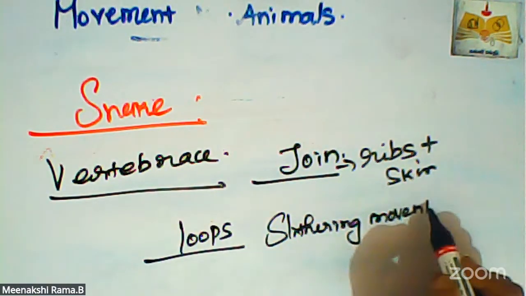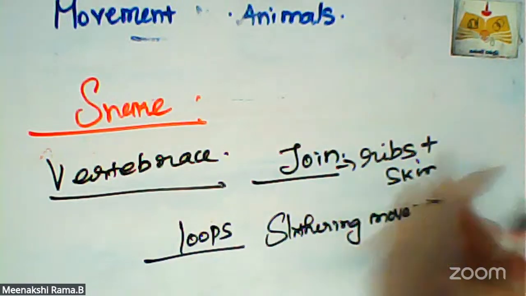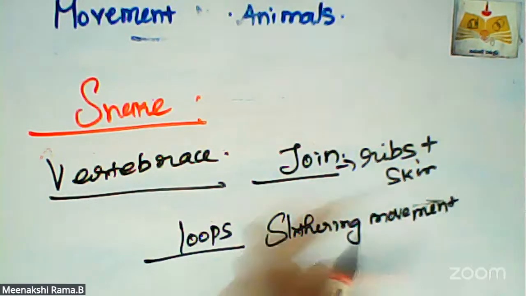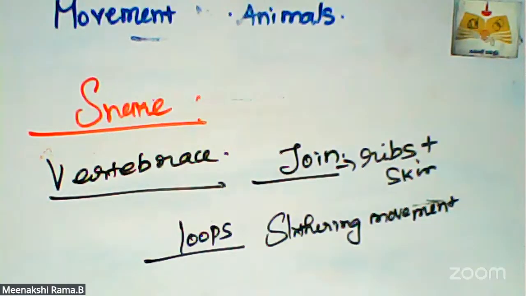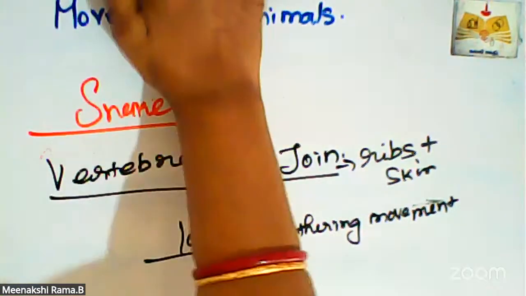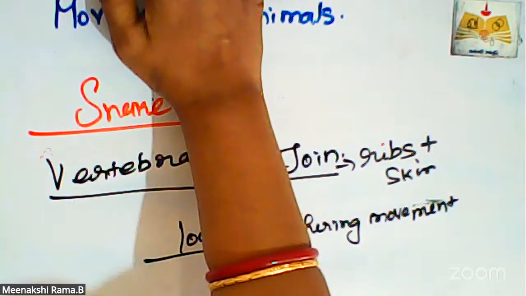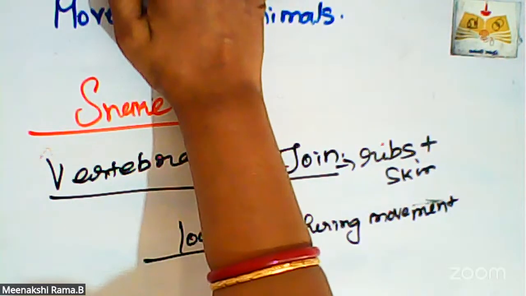Slithering movement. The snake's movement has the special term slithering movement. So what kind of movement is it? The forward push of the loops against the surface makes the snake move forward. How do the snakes move? Have you seen that?